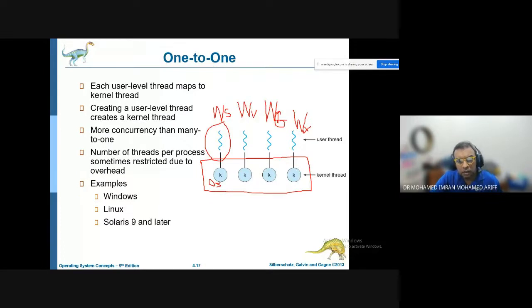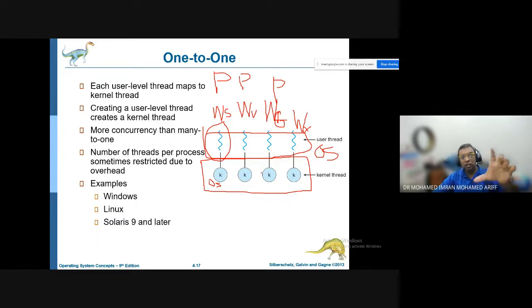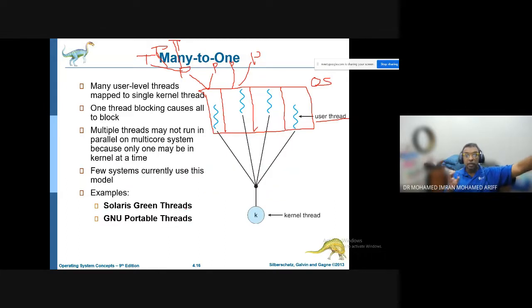This one only has one process, because the kernel itself is broken up. In the earlier one, the OS was broken up. Here, these are all OS. This is all the operating system. This is one-to-one. That means the kernel itself only gives you one user thread. This one, the kernel breaks down into multiple user threads.